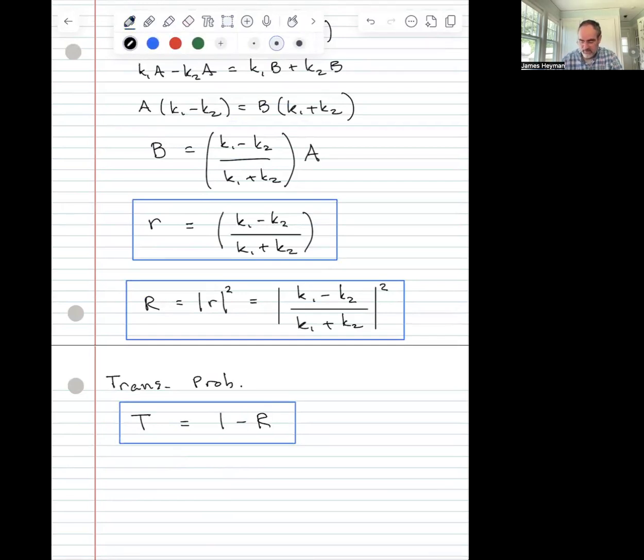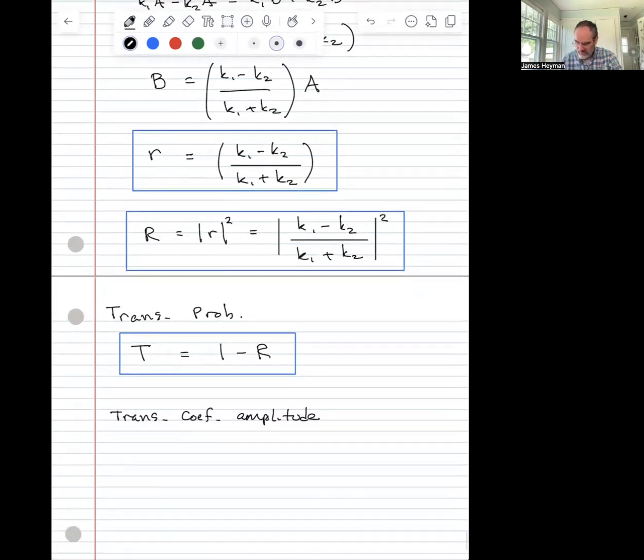A related question would be to find the transmission coefficient for amplitude. That is the relative amplitude of the transmitted wave divided by that of the incident wave.